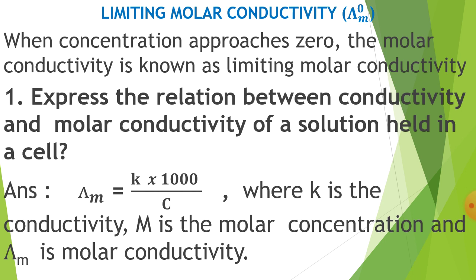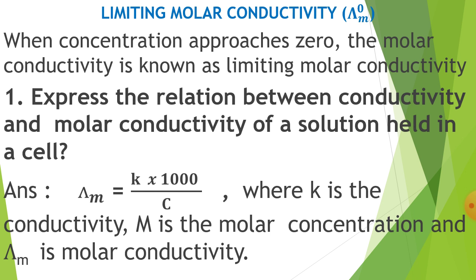Now some questions we have to do on the basis of conductivity, resistance, molar conductivity. So question number first, express the relationship between conductivity and molar conductivity of a solution held in a cell.